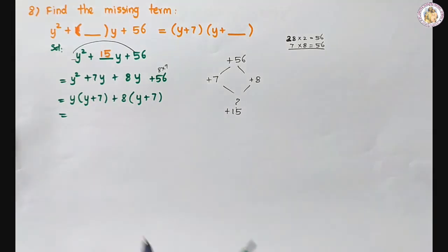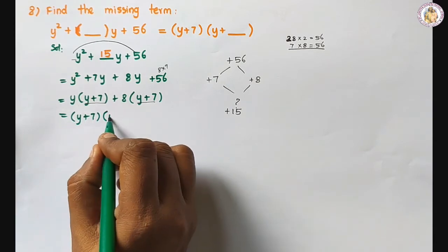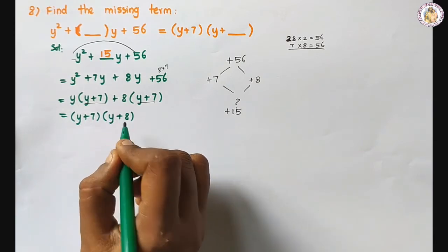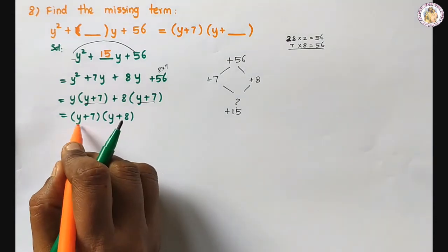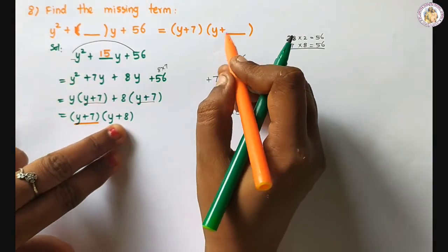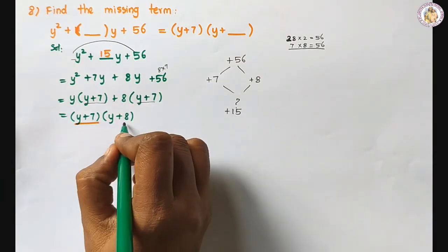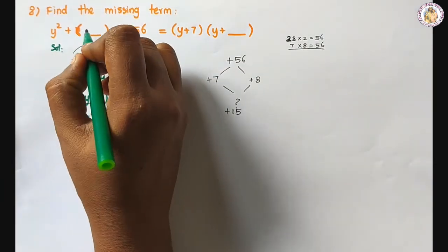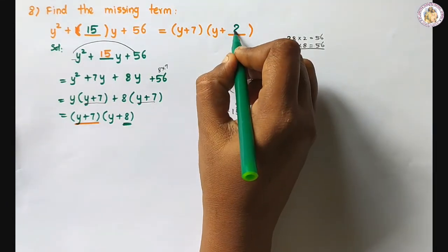Now in both the terms y plus 7 is there, so taken out as common. What's remaining here? y plus 8. So here they given y plus 7, and the next number is 8. 8 is the answer. So here 15 and here 8.